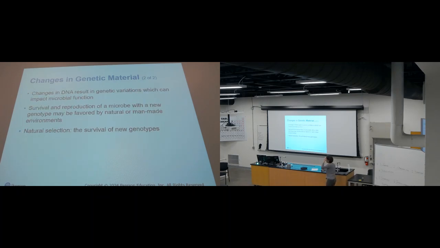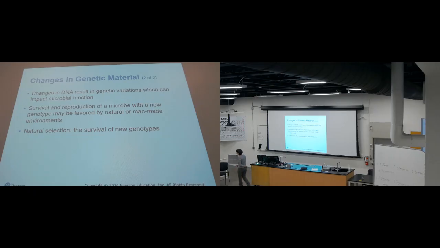So, changes in DNA result in genetic variations that can impact microbial function. Most of the time, these mutations provide an advantage rather than a disadvantage. The survival and reproduction of a microbe with a new genotype can be favored by either a natural or man-made environment.